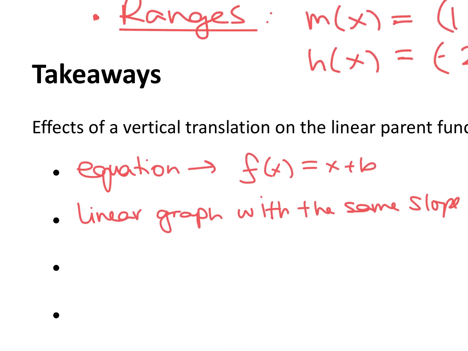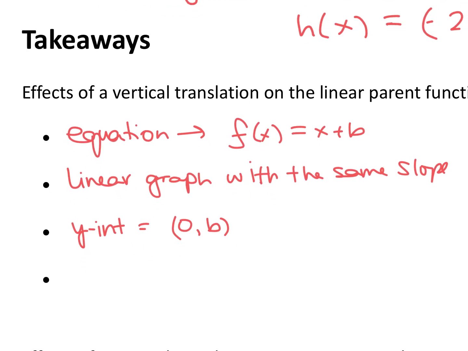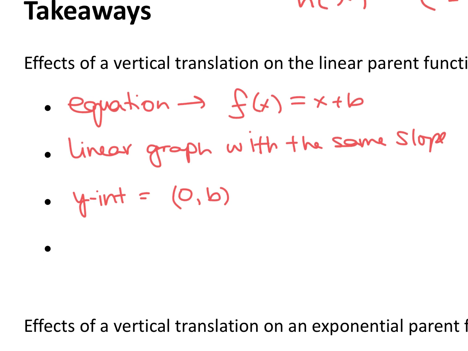It'll have a different y-intercept. So instead of through the origin, the y-intercept is going to be 0 and then whatever that shift is. And then depending on what b is, if it's positive, it'll shift up that amount, or negative, it'll shift down.